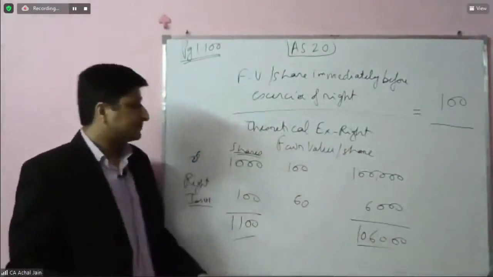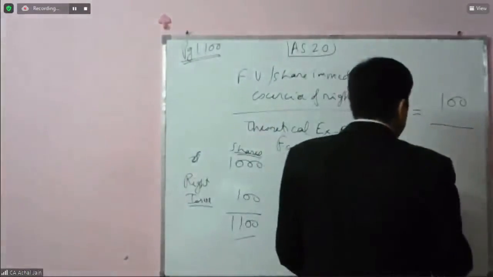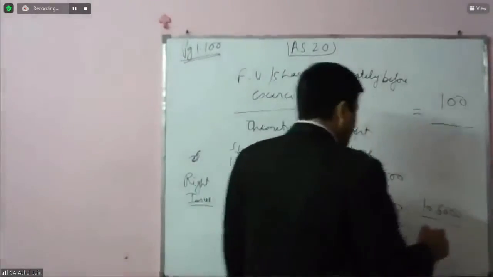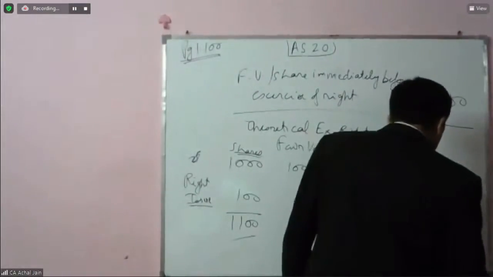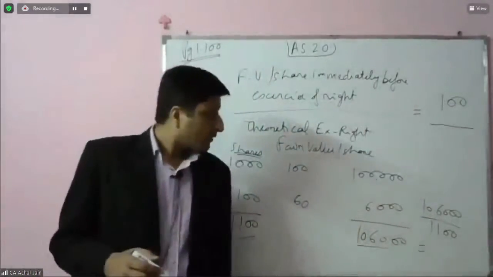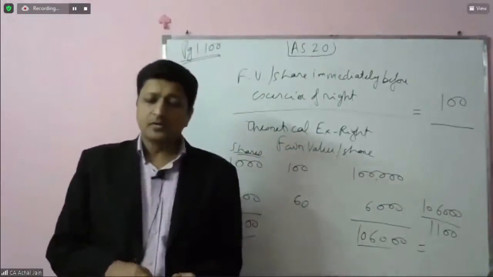Very simple. This total value that we get, 1,06,000 divided by 1,100. Can you tell me what will be the amount?